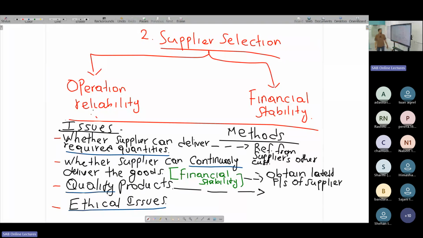Obtain latest financial statements of suppliers. Supplier quality products. Sample test. Ethical issues.